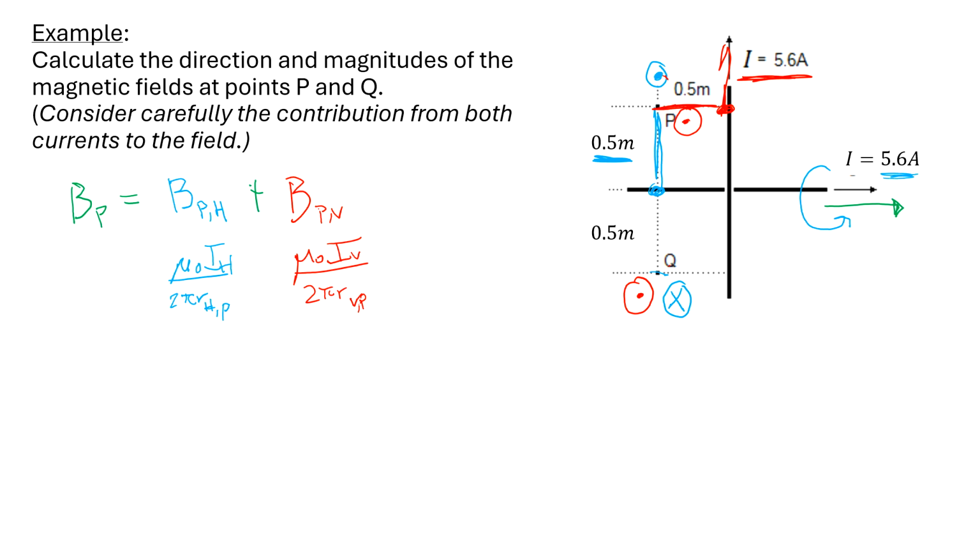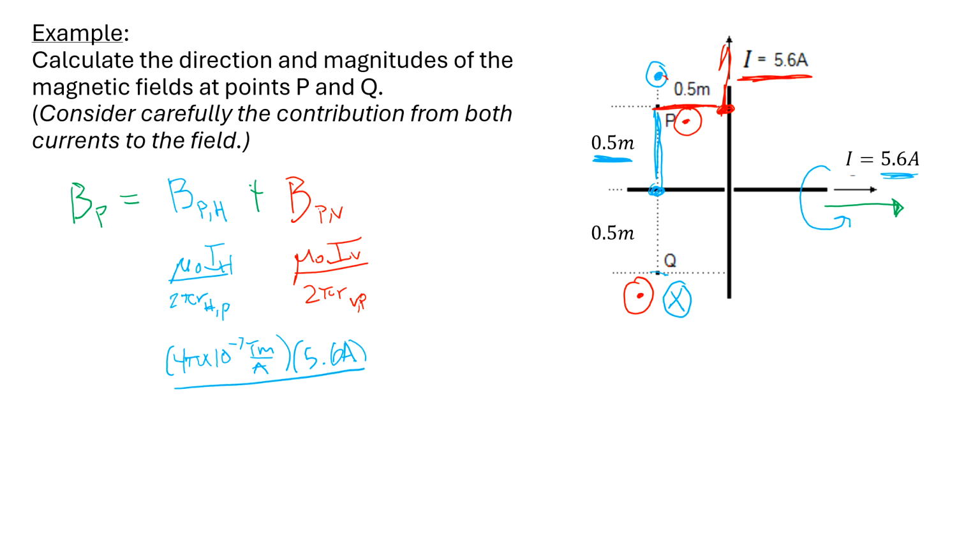That just means we have to do a lot less calculator work, but it doesn't really change the physics of the scenario. If you want to plug either of these in, they're the same, so let's just do the blue one. 4 pi times 10 to the minus 7 Tesla meters per amp is your mu naught value. The blue current is 5.6 amps.